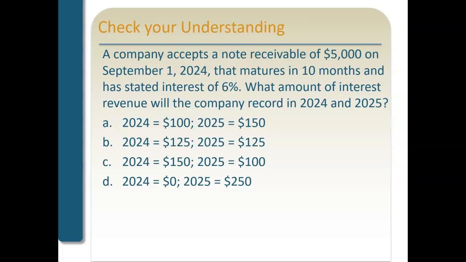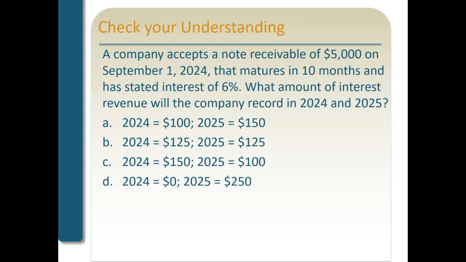5,000 times 6% divided by 12 months times 4 is what? 100. And then for 6 months the next year, isn't it like 4/10? 4/12. Because it's only 10.